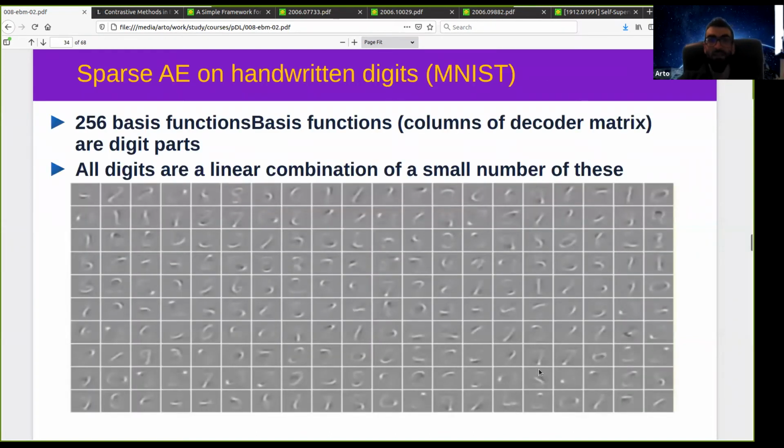And here are some results of application of this sparse autoencoder approach. Here they obtained 256 basis functions, and we can take a linear combination of a small number of these bases to reconstruct any digit in MNIST.